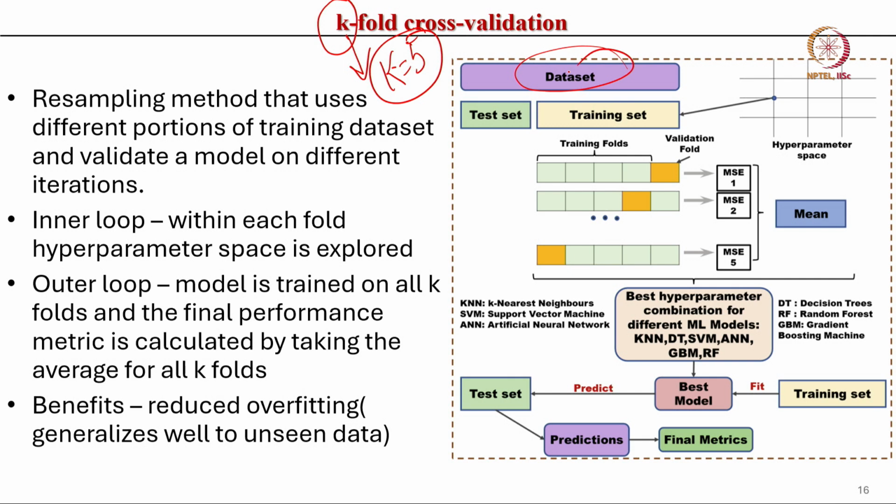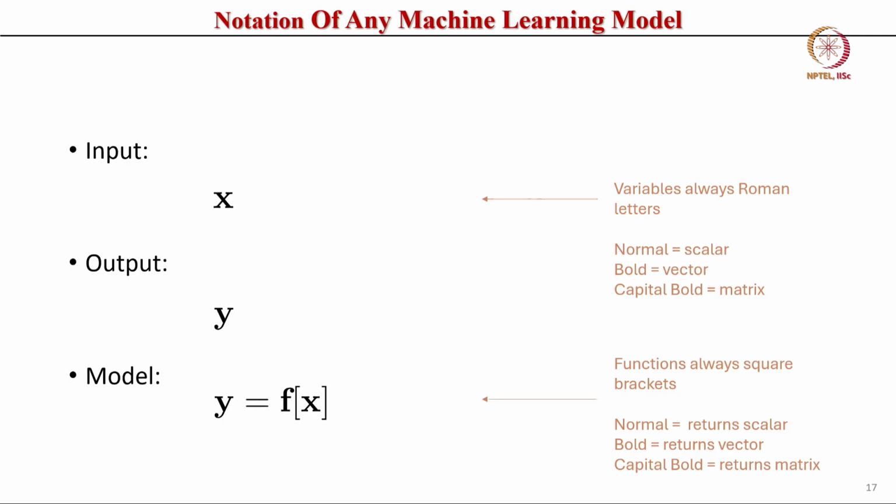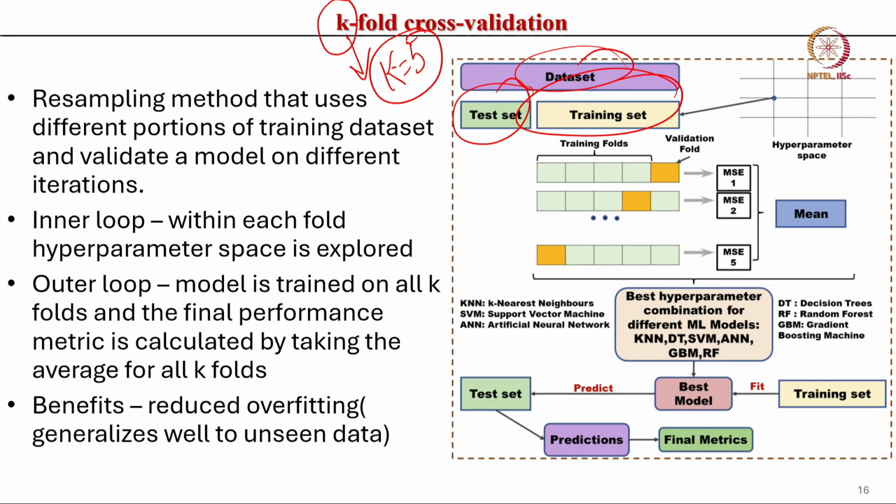So, you have an original data set, a test data set of 20%, and a training data set of 80%. Then you have these training folds, and the MAC values, and here you can see the best hyperparameter combination for ML models like KNN, K nearest neighbor, support vector machine, artificial neural network, decision tree, random forest, and gradient boosting machine, GBM.